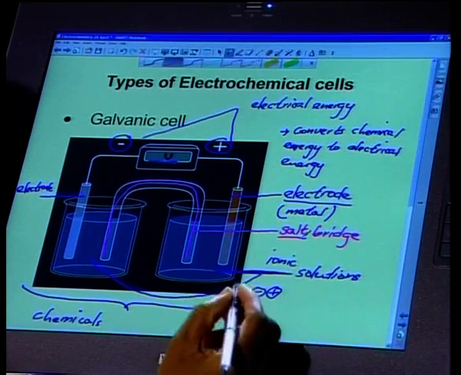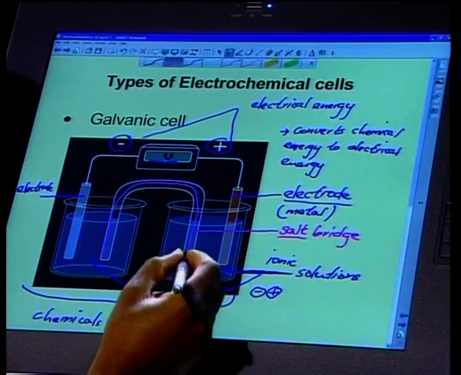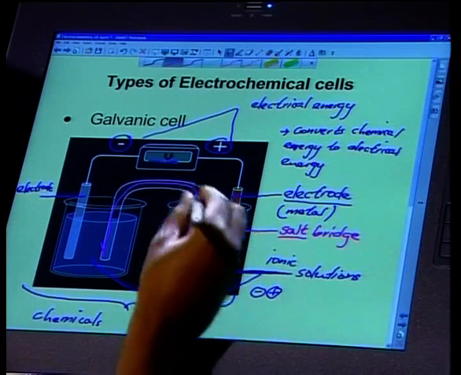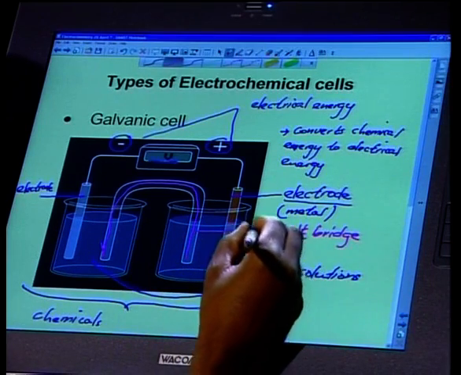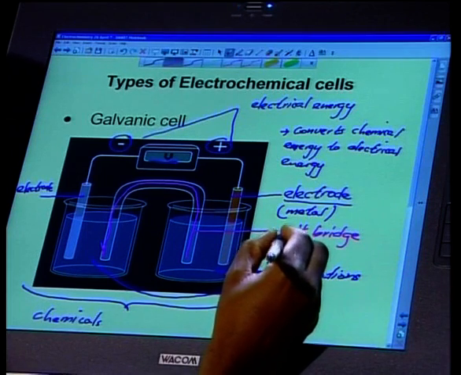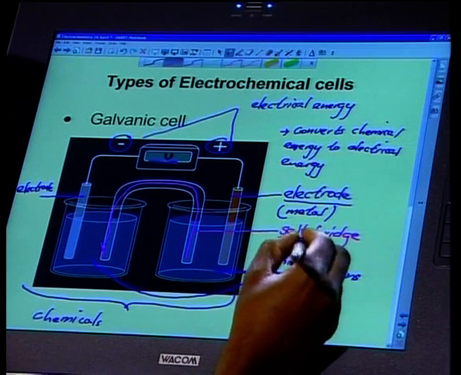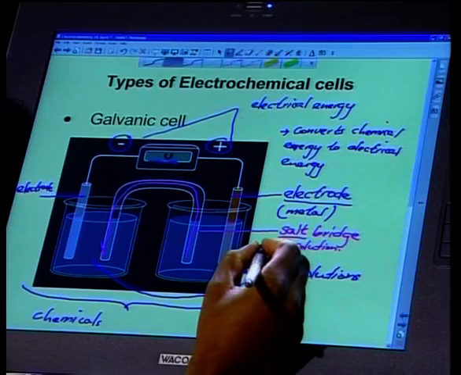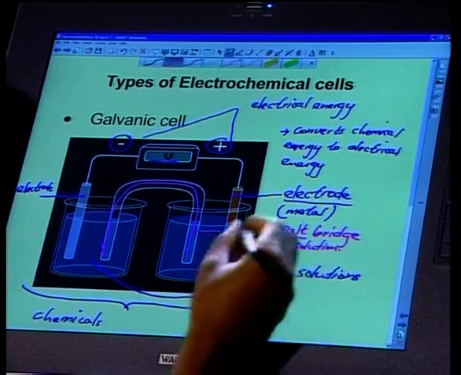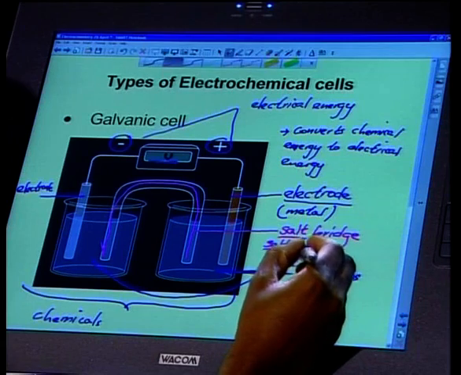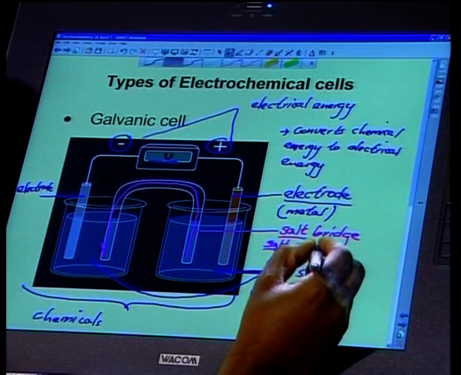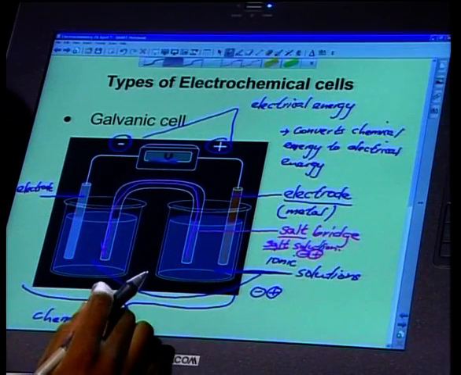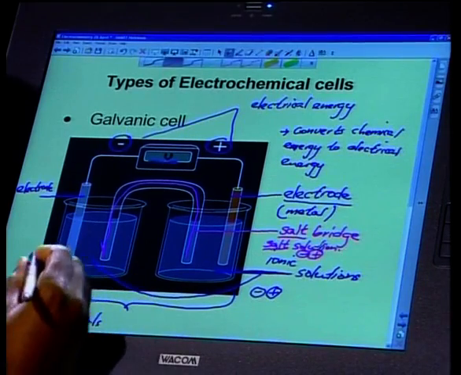Now the fact that it is called the salt bridge is because inside of it, it contains a salt solution. So inside there, we've got a salt solution. Now if you remember well, salts are mainly ionic. In other words, inside there we've got positive and negative ions as well. So inside here, we've got an ionic salt solution.